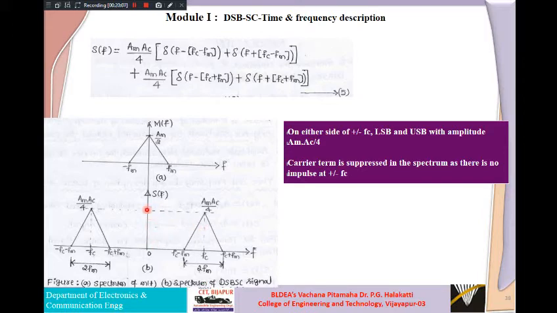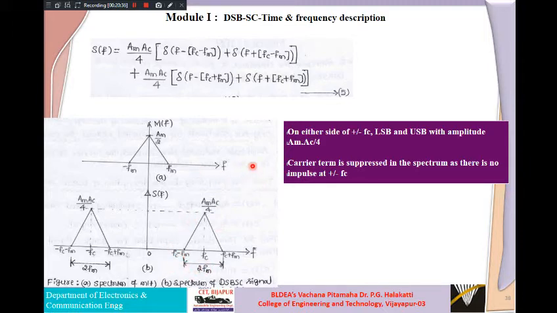Here you can see there is no carrier, and the bandwidth is 2fm with amplitude reduced by another quarter, that is 1 by 4. So the carrier is totally suppressed in the spectrum, as there is no impulse at plus or minus fc. On either side we have LSB and USB with amplitude Am Ac by 4, having a width of 2fm.